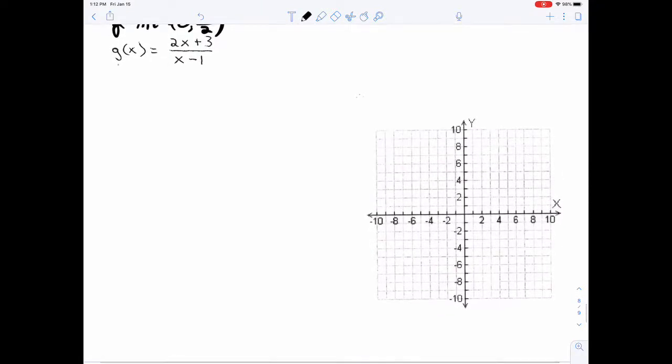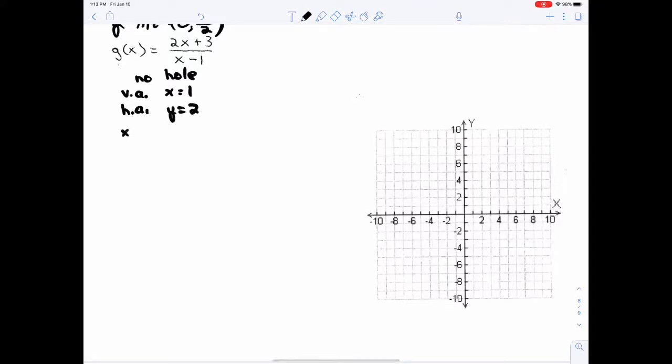Okay, here. Well, nothing factors and cancels, so there's no hole. Okay, we have the vertical asymptote at x equals 1. The horizontal asymptote. Now, notice these x and 2x have the same degree. They're both just x. So we take a ratio of the leading coefficients, and we get y equals 2 over 1, which is 2.